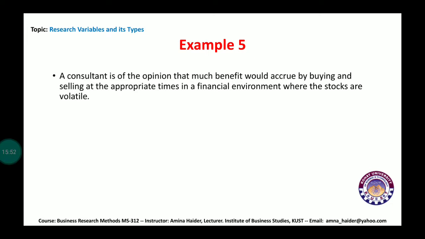So that means that if you buy and sell stocks at the right time, that would help you have an increased profit margin. So here buying and selling are the independent variables, and the dependent variable is the profit margin or the benefit or the gain you are incurring.